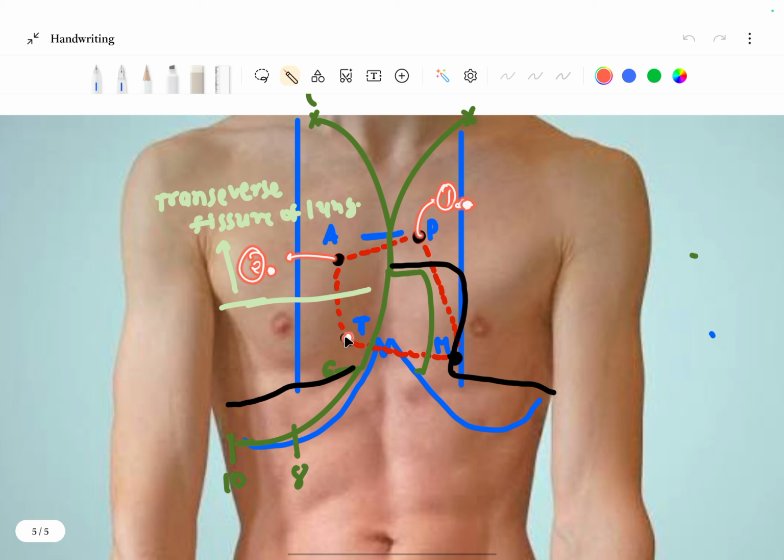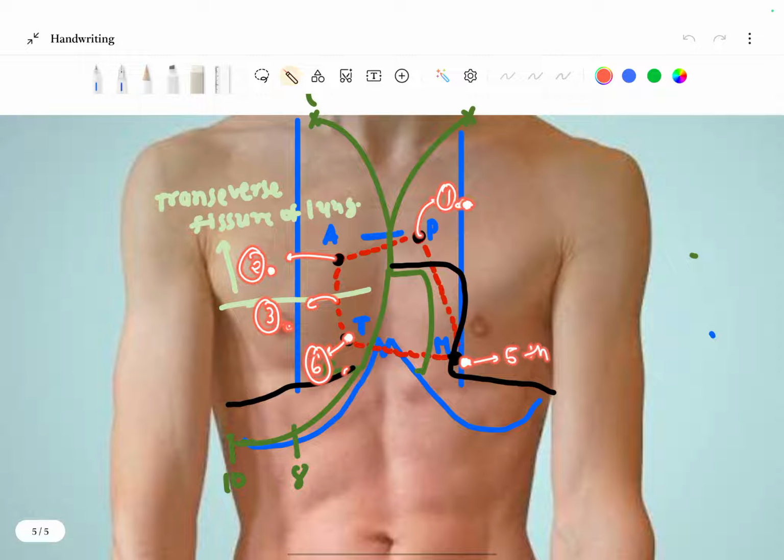Then the second point is at the upper border of the third rib. Then after this will be the sixth costal cartilage. Then the fourth rib lower border. And this will be at the fifth intercostal space.